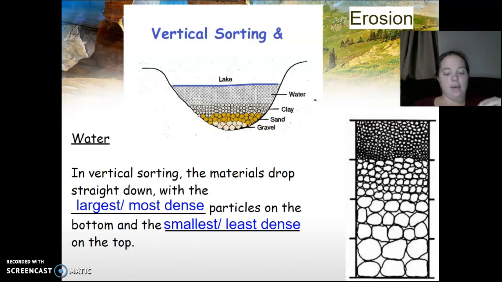Like in a lake, say there was a rough storm and it started mixing everything up, and then the storm stopped and everything just starts to settle. When it does that, you get the gravel, pebbles, sand, clay, and then the water. Silt would be in between the sand and the clay.